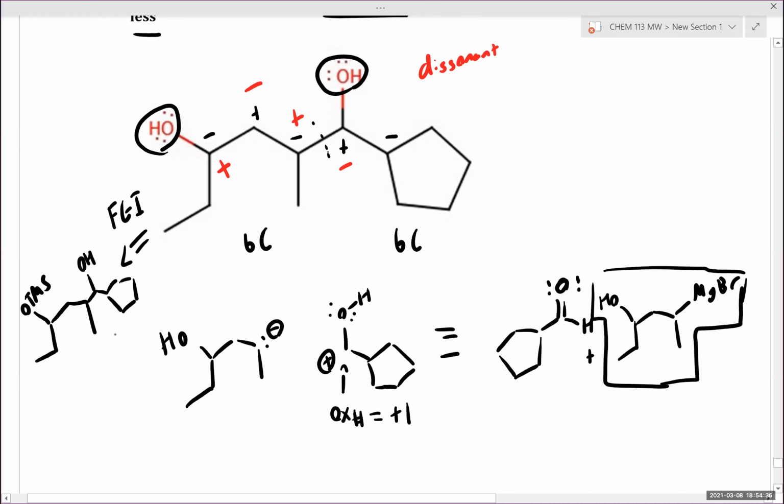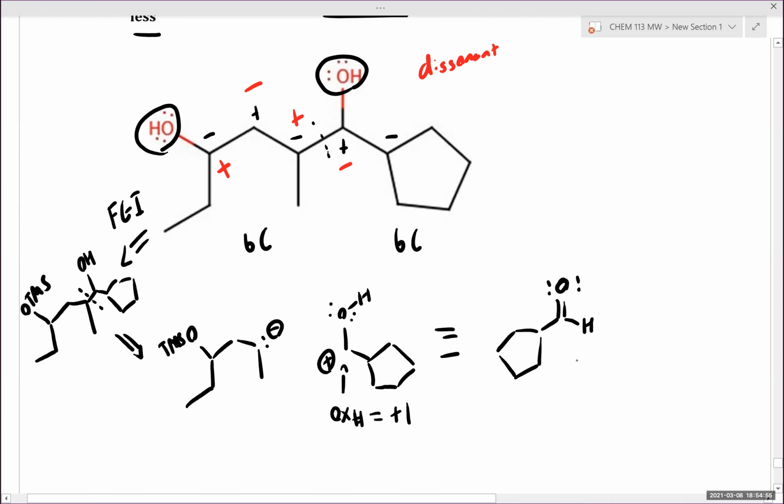From here, we can break the same bond and trace this back to a nucleophilic fragment, except this time our alcohol is protected. Now, why is that a big deal? Well, if the alcohol is protected, suddenly our issue of side reactions and making our Grignard is no longer an issue.